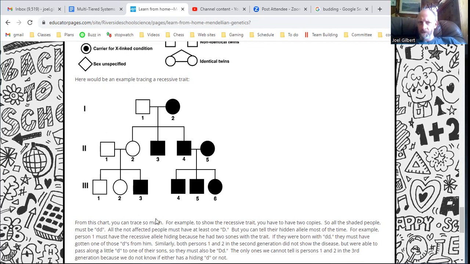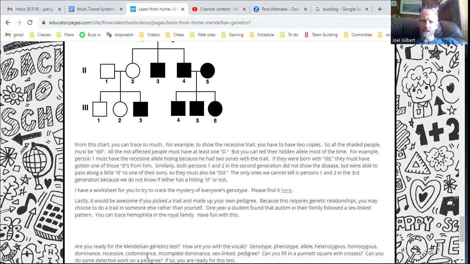If it's recessive, you know that's going to be little, and everybody who doesn't have it is going to have at least one capital. Then you can figure out that this person must have a little hiding because they were able to pass a little on to this baby. Both these people must have a little hiding because they were able to pass a little on to this baby. All these people are little. The only ones we don't know about are these two. I'll have examples of this in class.